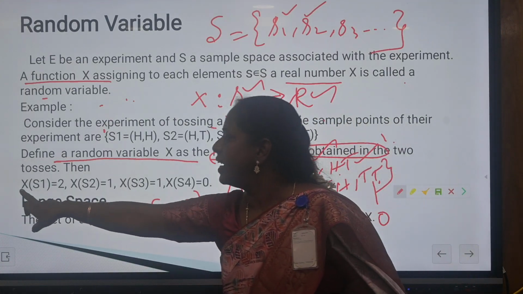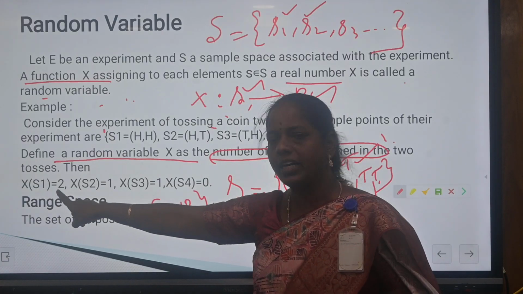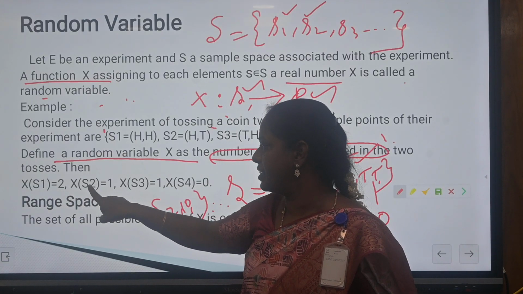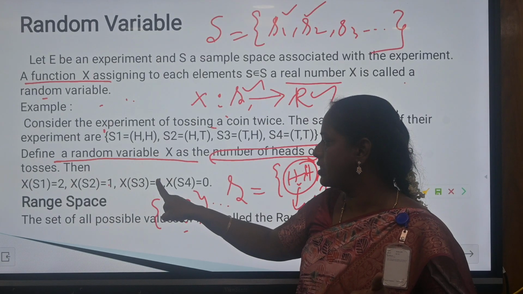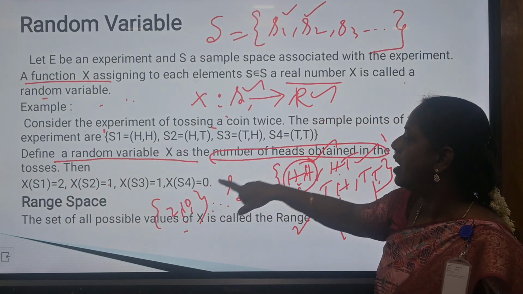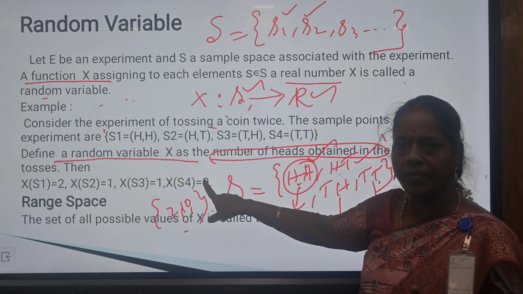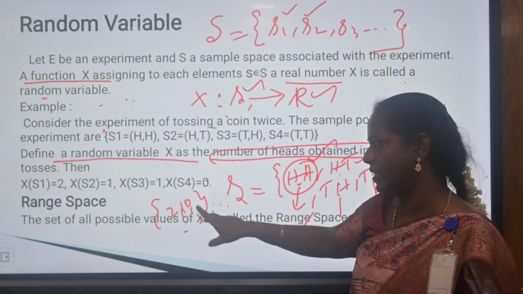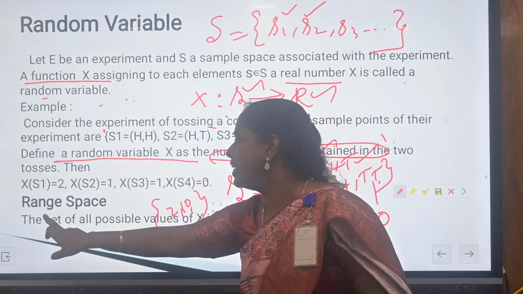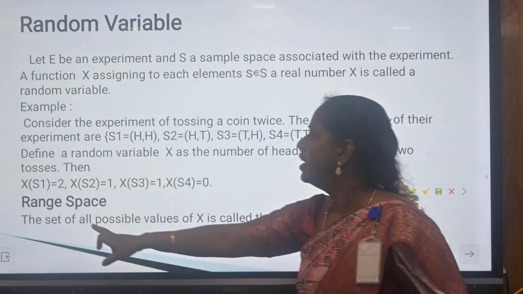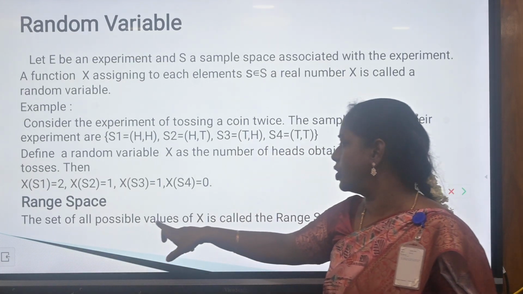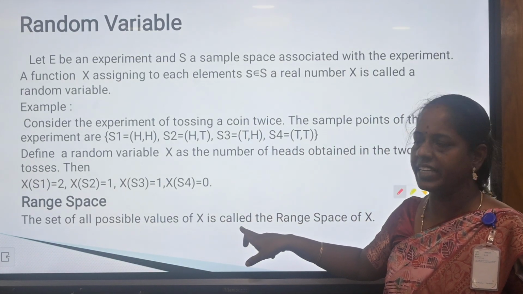That is, X of s1 equal to 2, that means 2 heads. X of s2 equal to 1, that means 1 head. X of s3 is 1, that is 1 head. And X of s4 equal to 0, that means there is no head. Next, range space. The set of all possible values of X is called the range space.